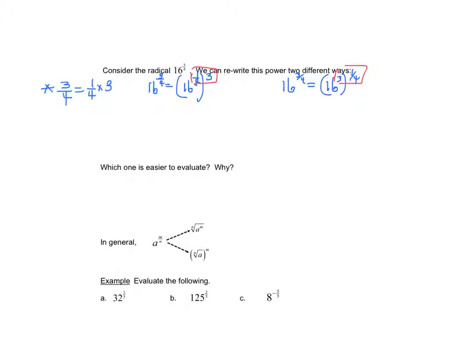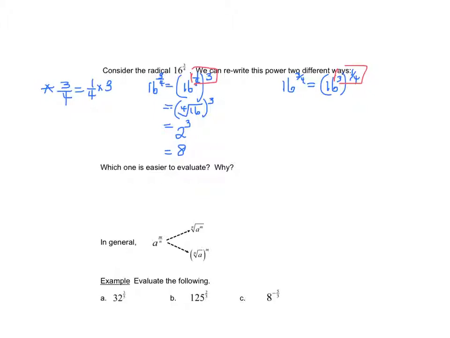Now, the first way is rather easy to evaluate because 16 to the exponent 1/4 is the same as the 4th root of 16, cubed. The 4th root of 16 is 2, and 2 cubed is 8.